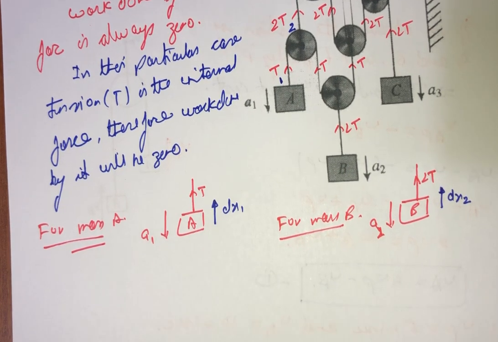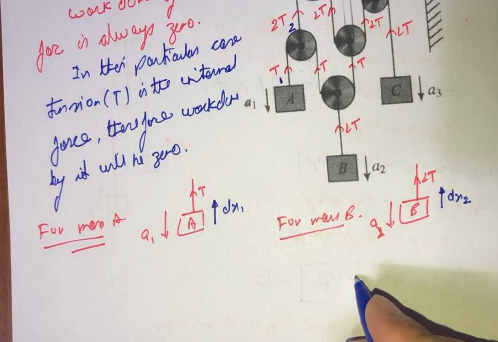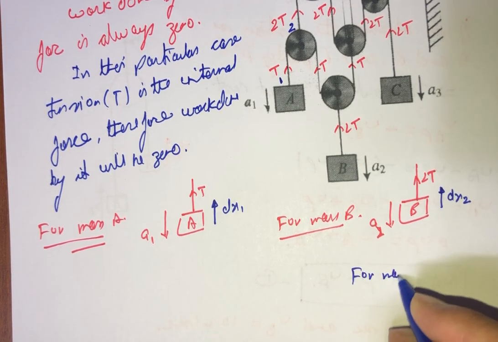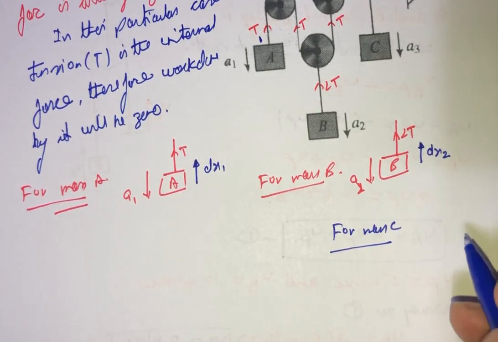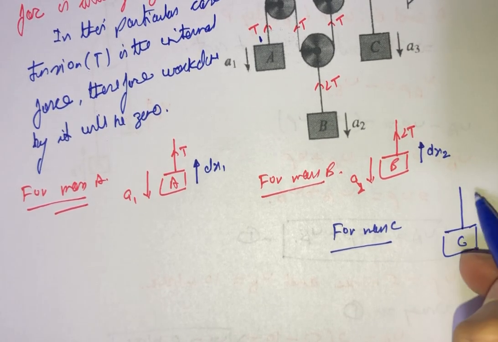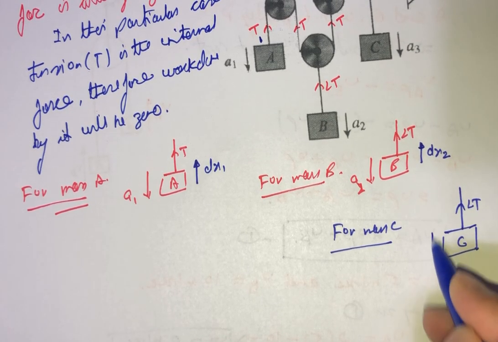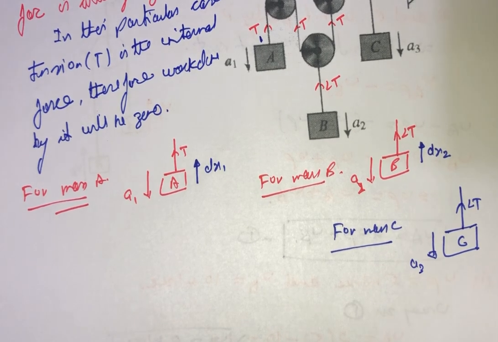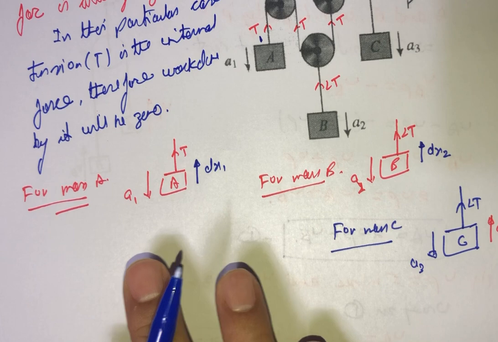And finally, for mass C, it is having a tension of 2T, acceleration a3 in the downward direction, and we consider that there is a marginal displacement in the upward direction, that is dx3.